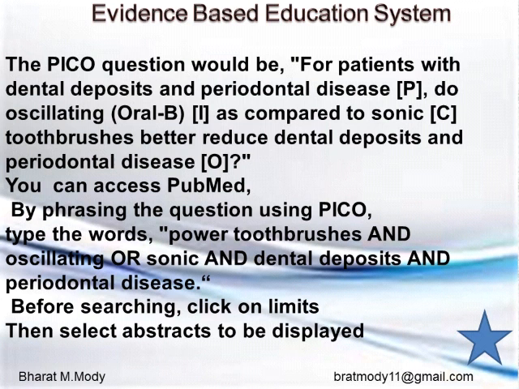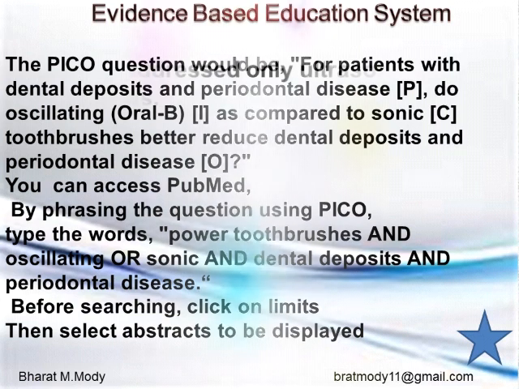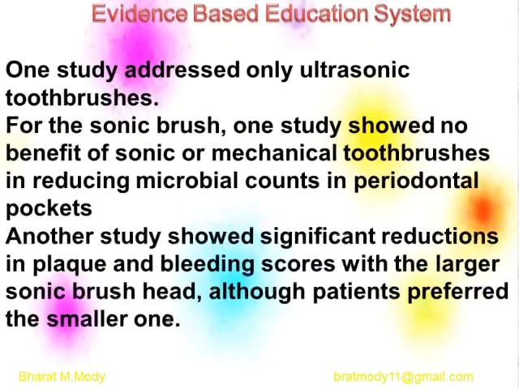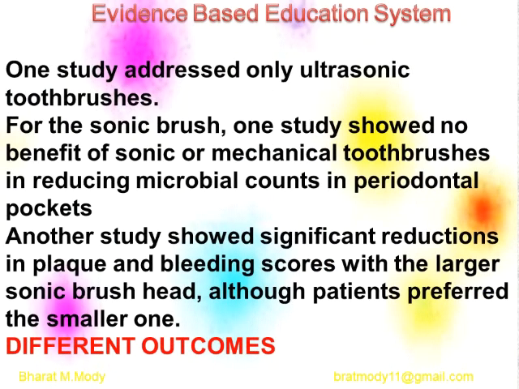Now for this particular PICO, if you go ahead and do it on PubMed using these keywords, you will get many articles out there. One of the studies showed no benefits between sonic and oscillating toothbrushes in reducing microbial count.